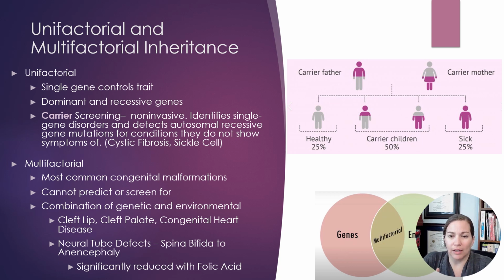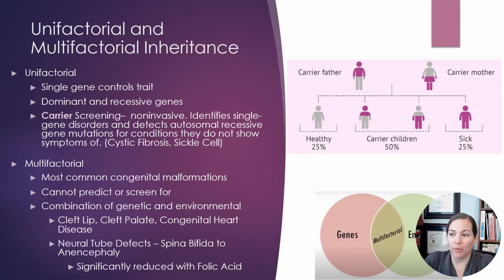As you can see in that diagram, if the mother and the father are carriers, then there's a 25% chance that their child might express the gene in a recessive circumstance, right? So a 50% chance that their children will be carriers, just like the parents are, and then a 25% chance that the child won't be a carrier either.